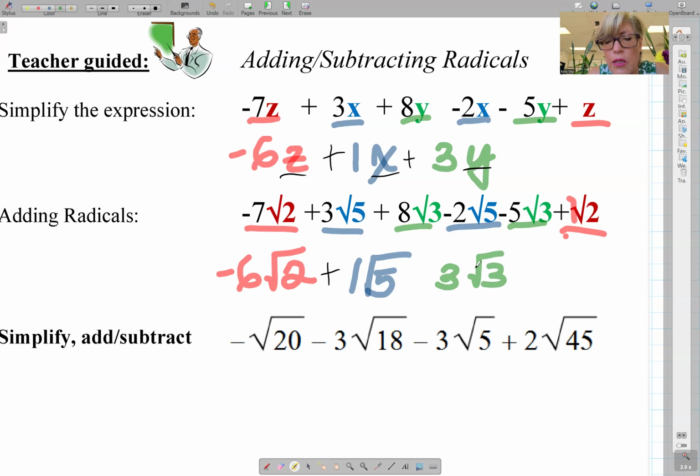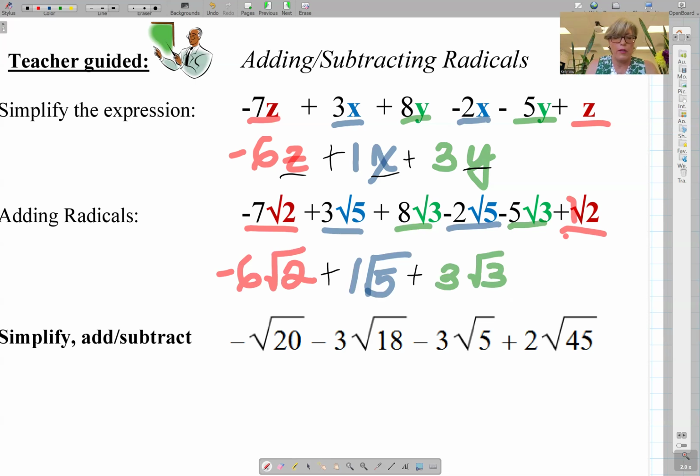Just like that y doesn't change, neither does the root 3, and it is positive. And you are done, because just like you can't collect unlike variables, you cannot collect unlike radicals.